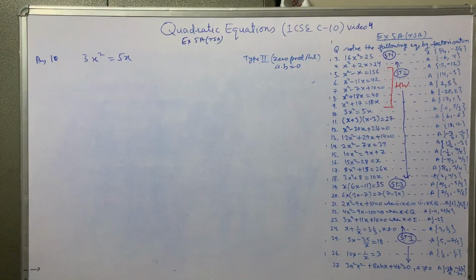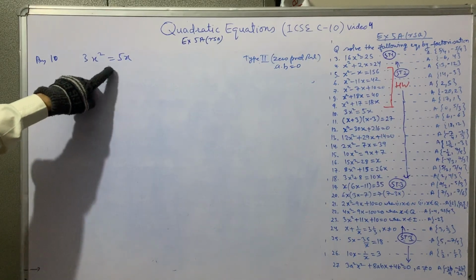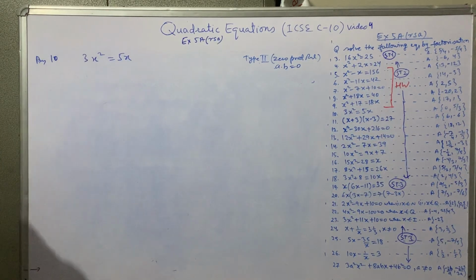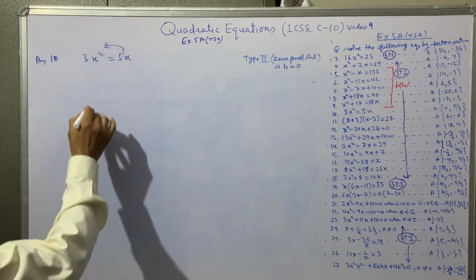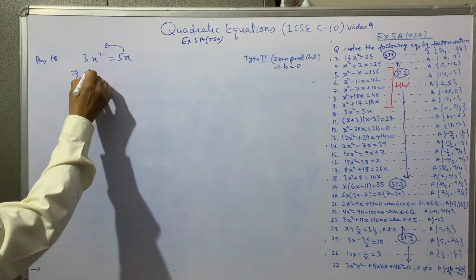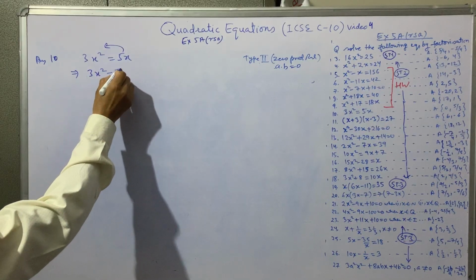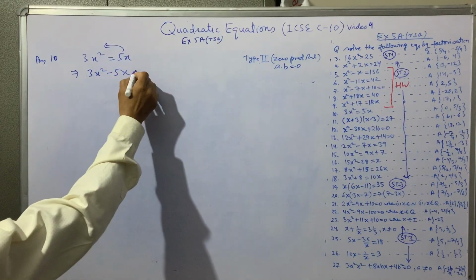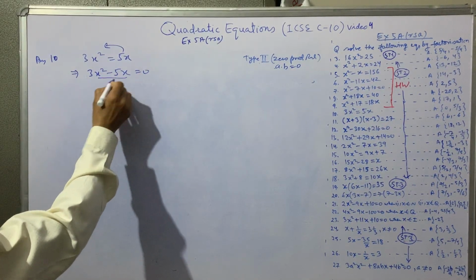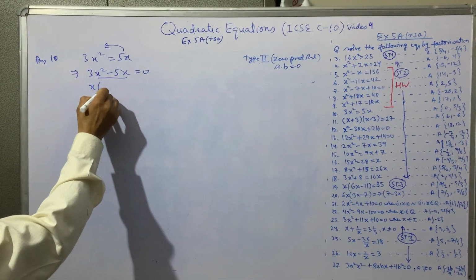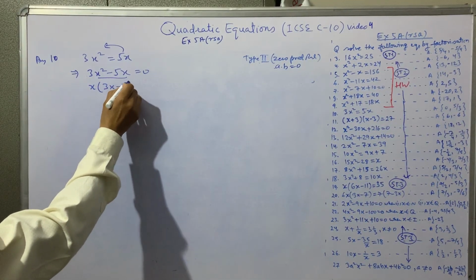In this question, it is x square plus bx, that is also quadratic, however c is not there, so shift this towards the right. So we will get 3x square minus 5x is equal to 0. Taking x common, we get x(3x minus 5) is equal to 0.